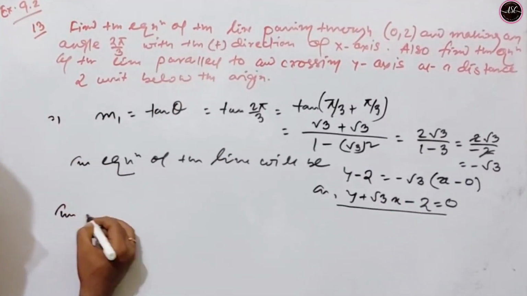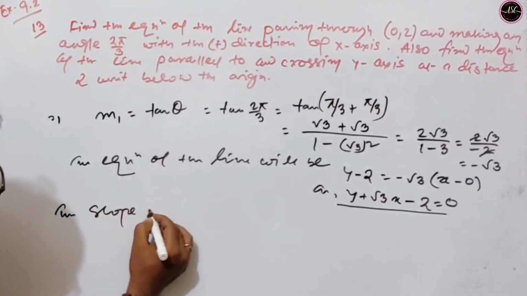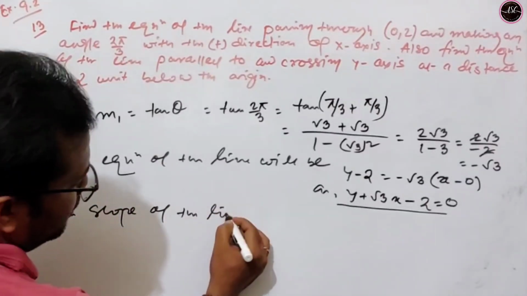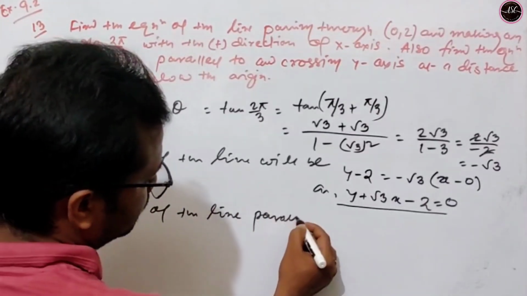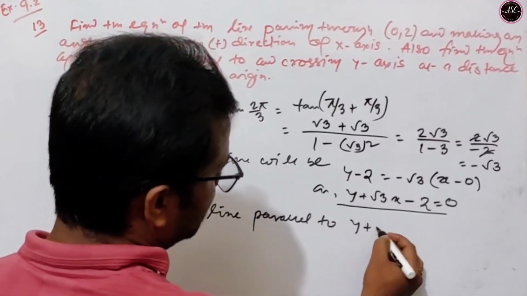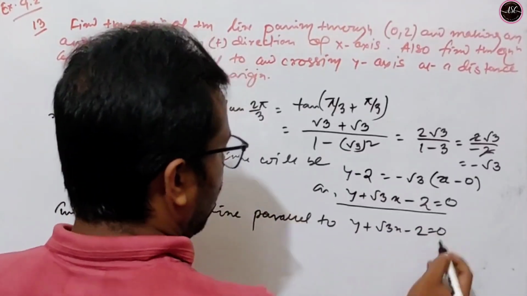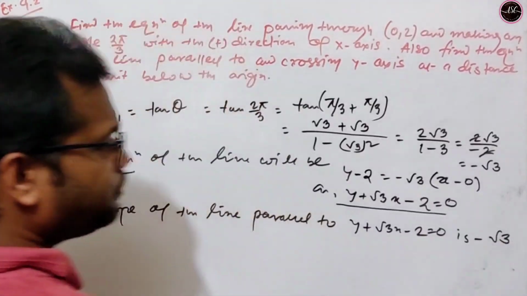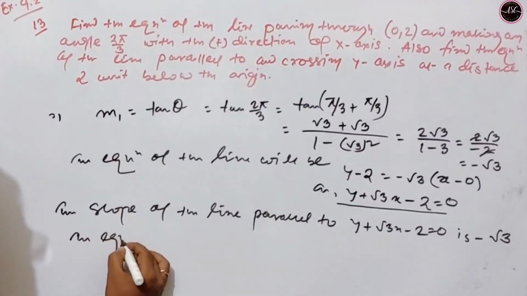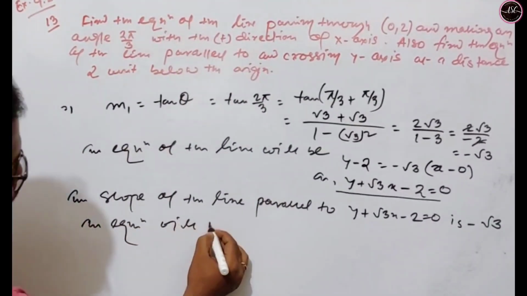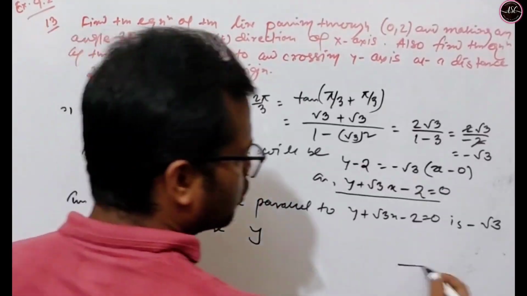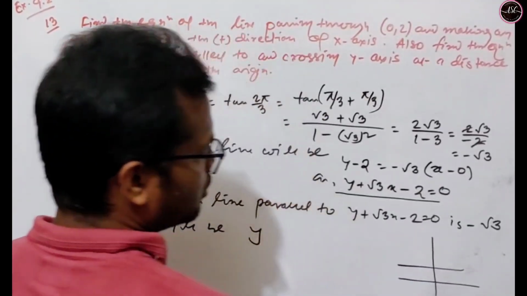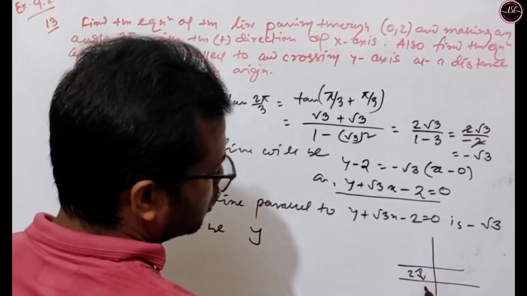So the slope of the line parallel to y plus root 3 x minus 2 equal to 0 is minus root 3. So the equation will be here y. Just look here, the distance is 2, that means minus 2.